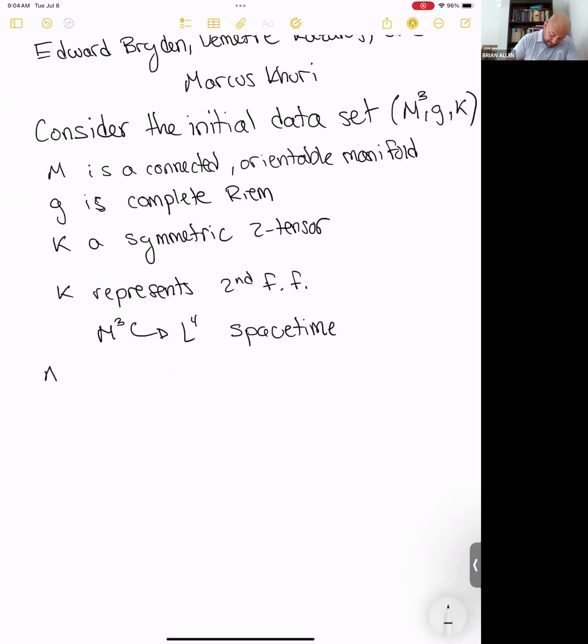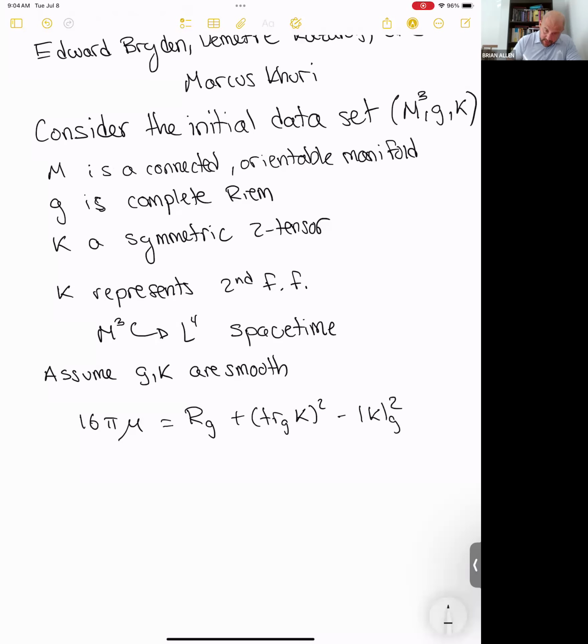So we're going to assume that G and K are smooth and satisfy the following: 16 pi mu, which I'll define in a second, is equal to the scalar curvature plus the trace squared minus the norm squared of K, and 8 pi times J is equal to the divergence with respect to G of K minus the trace of K times G.